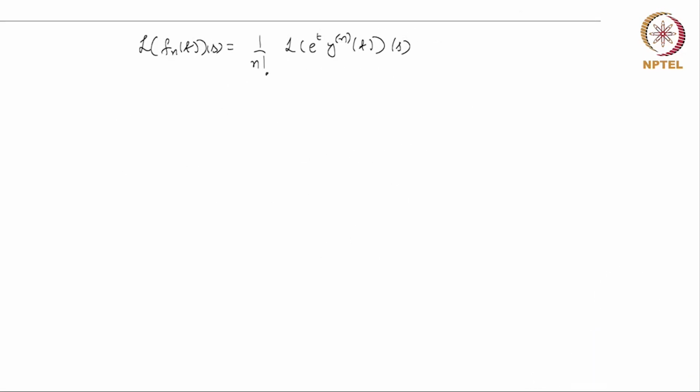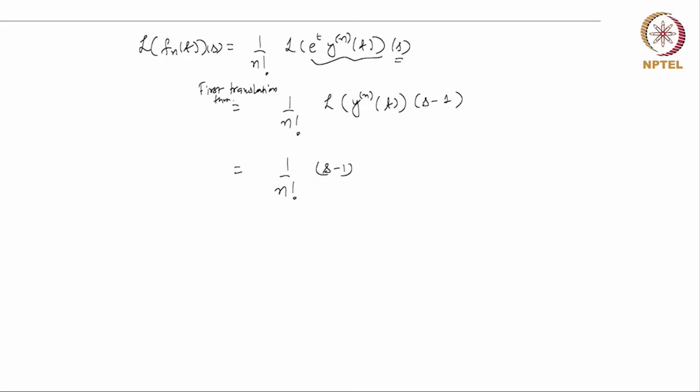Now we can determine the Laplace transform for the Laguerre polynomial, and this is 1 over n factorial times the Laplace transform of e^t times the nth derivative of y evaluated at s. But by the first translation theorem, this is equal to 1 over n factorial, the Laplace transform of the nth derivative of y evaluated at s minus 1, and we know that the Laplace transform of the nth derivative of y is s^n times the Laplace transform of y.